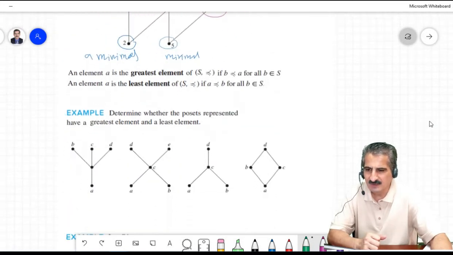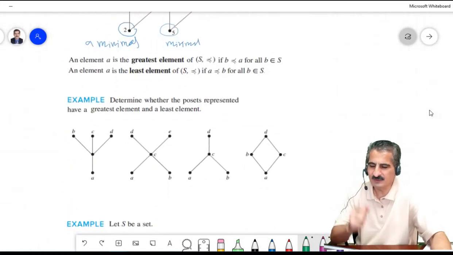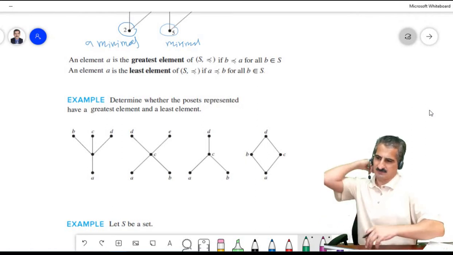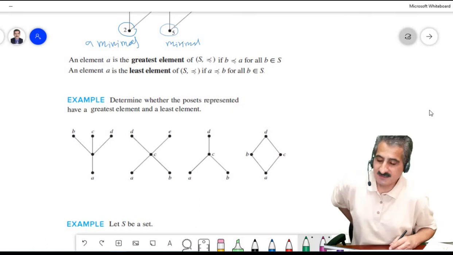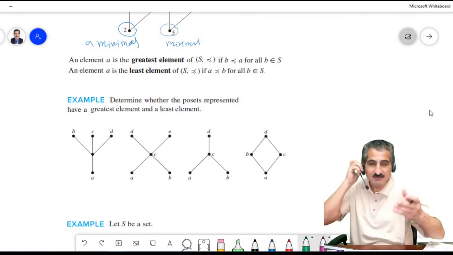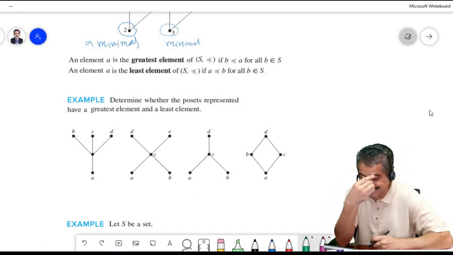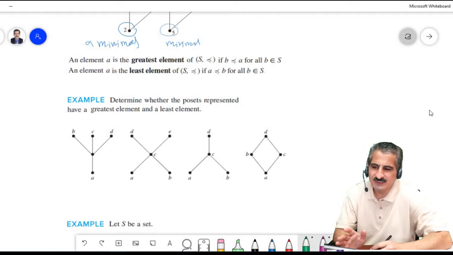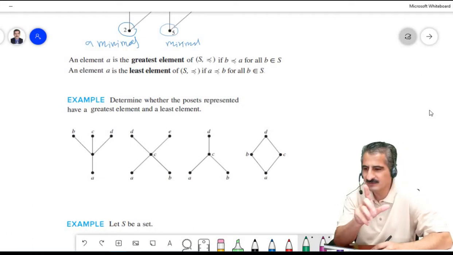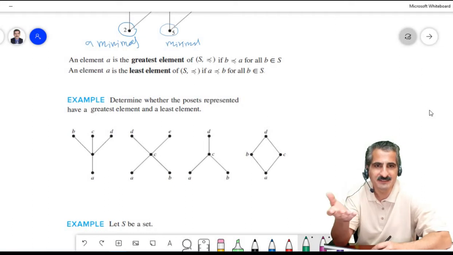Okay, now we will also talk about greatest, which is the maximum in your understanding from calculus. But we don't want to say maximum here, because we might confuse that with maximal, the one we already know.